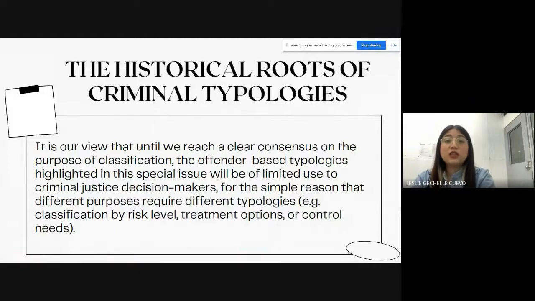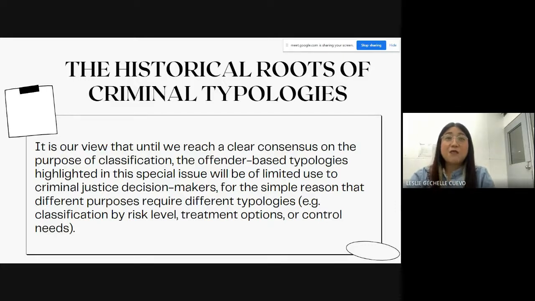It is our view that until we reach a clear consensus on the purpose of classification, the offender-based typologies highlighted in this special issue, itong dinidiscuss natin, will be of limited use to criminal justice decision makers. For the simple reason that different purposes require different typologies.